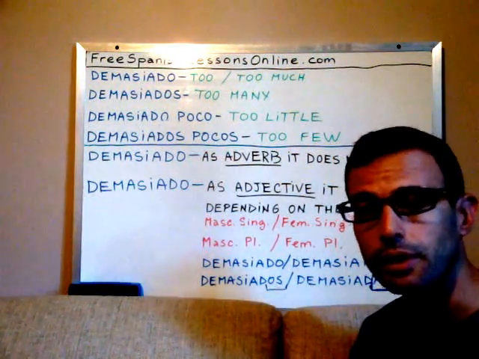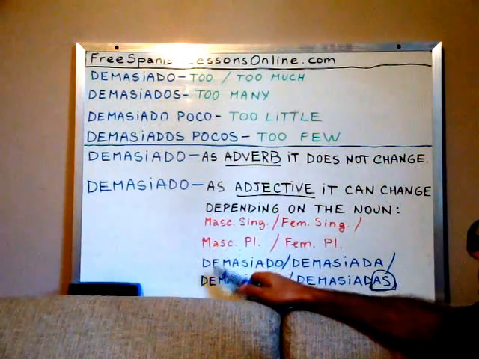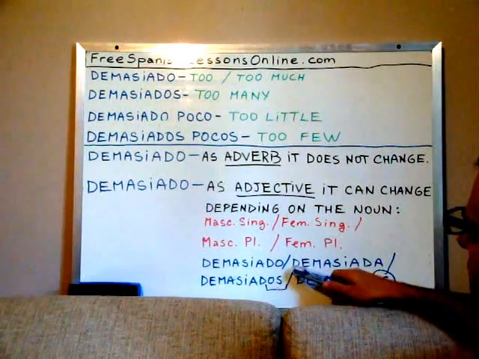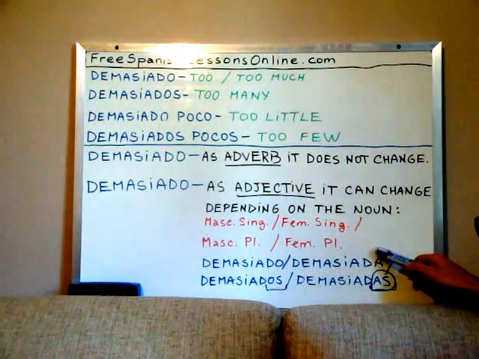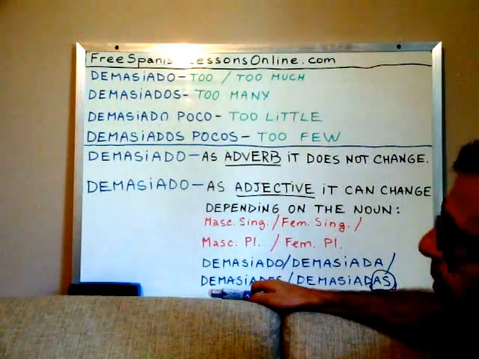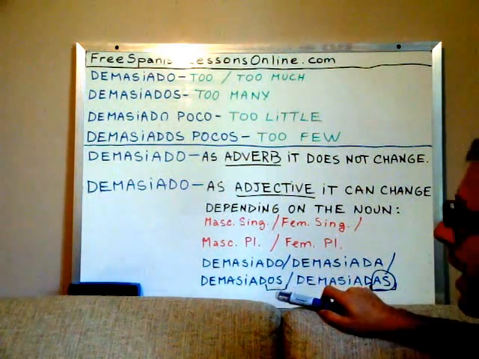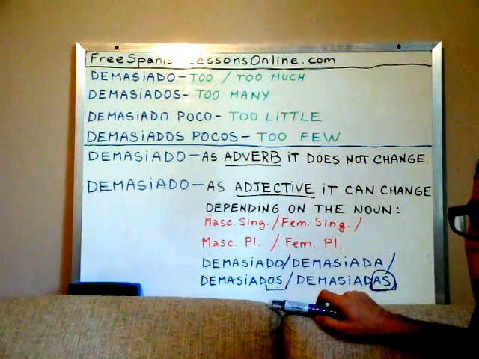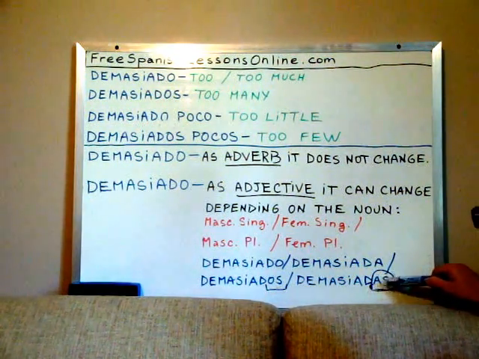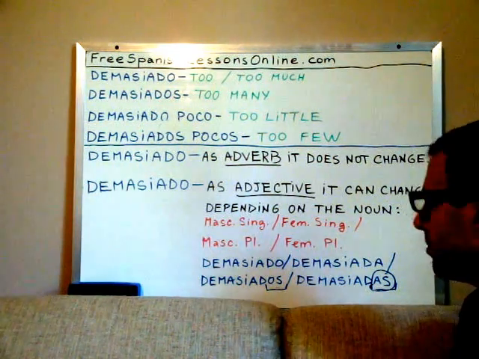And if it's a plural, it adds an S. For example, masculine singular would be demasiado. Feminine singular will be demasiada. You see, it ends in an A. Masculine plural would be demasiados, ending in OS. And feminine plural would be demasiadas, ending in AS, okay, the typical ending for feminine plural.